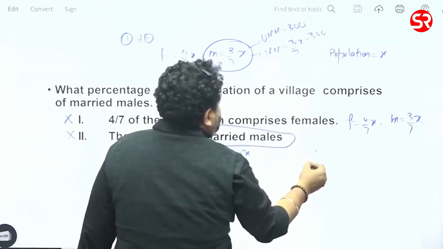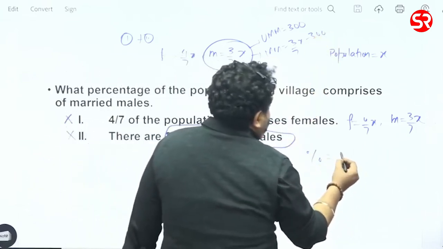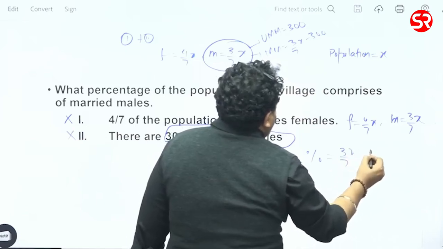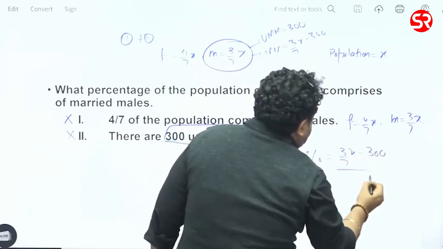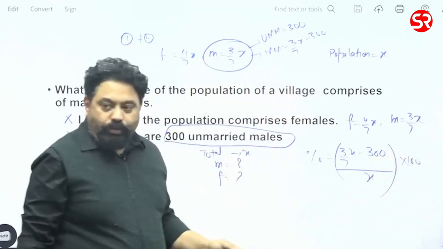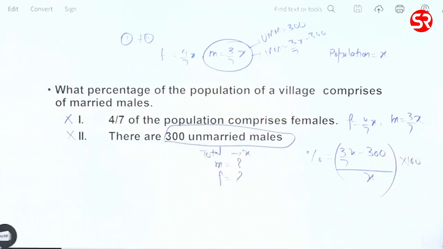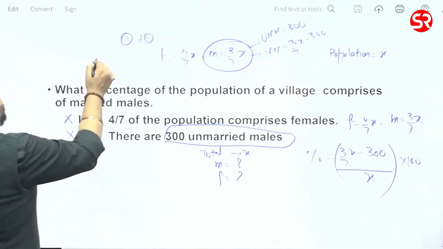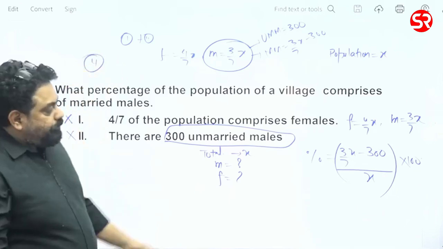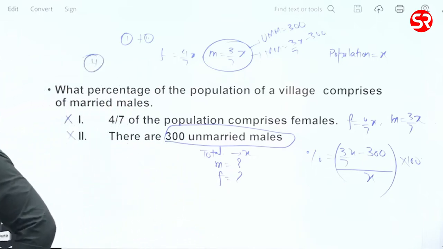So what would be the percentage, what was the question? Married males. Percentage of married males is (3/7 times X minus 300) upon total X into 100. Since X is not known, you cannot give an answer for this question. Answer is 4. We won't get any unique answer. खत्म.